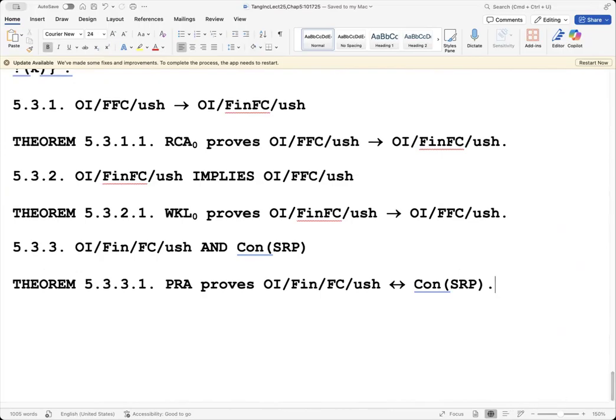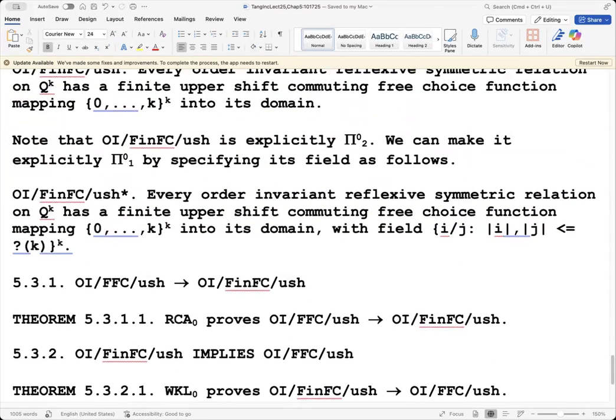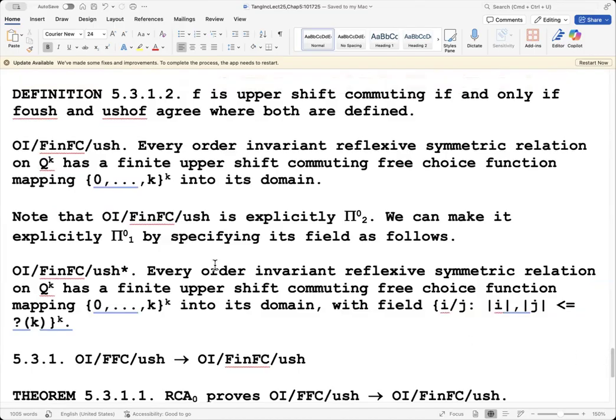Yeah, so the statement is every ordered reflexive symmetric relation has a finite upper shift commuting free choice function mapping this little cube into its domain, which is another bigger cube.